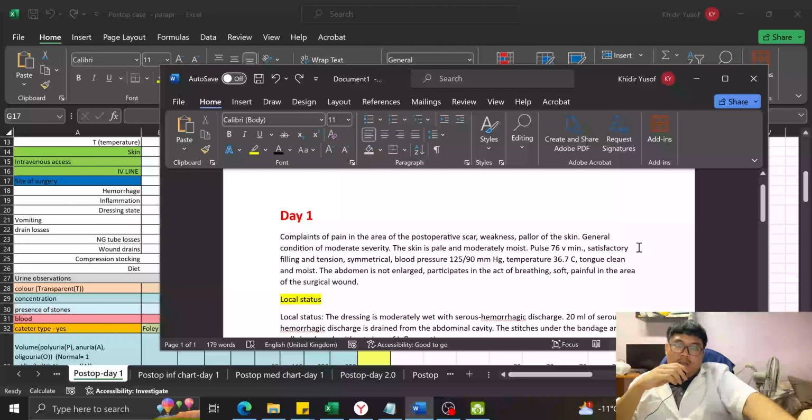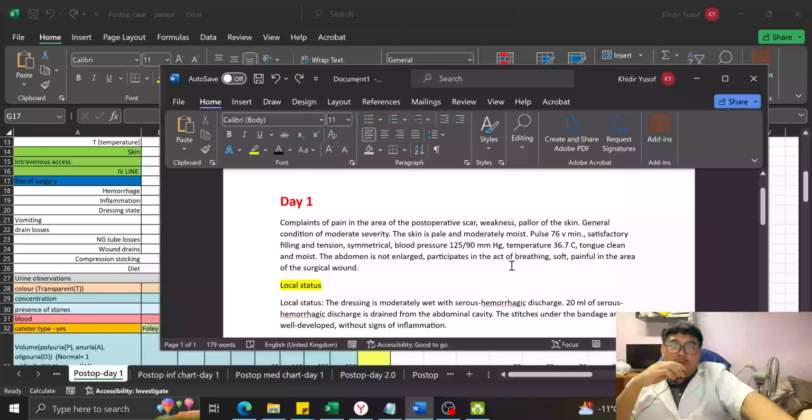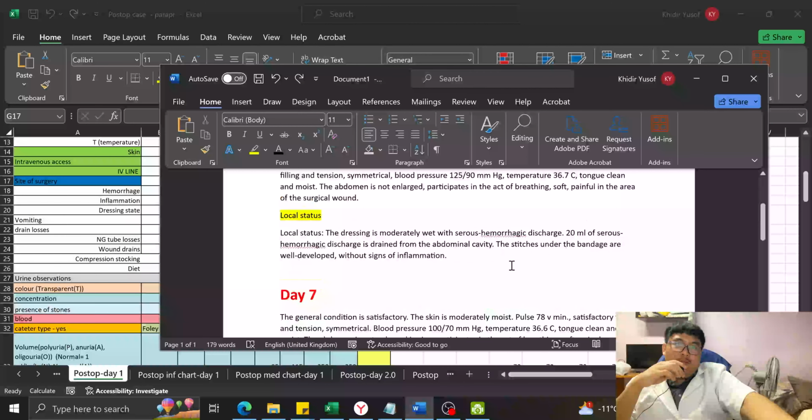The skin is pale and the pulse is 76, satisfactory feeling and tension, with symmetrical blood pressure of 125/90. Temperature is around 36. Tongue clean and moist. For the local status, the dressing is moderately wet with serous hemorrhagic discharge, 20 milliliters drained.